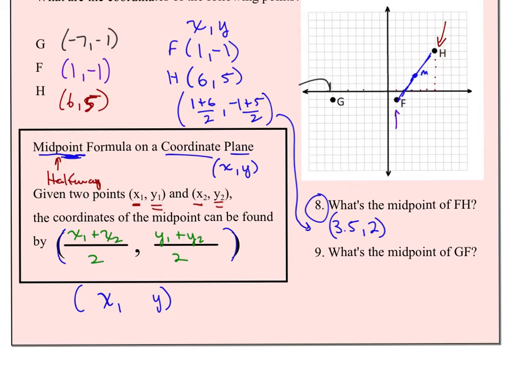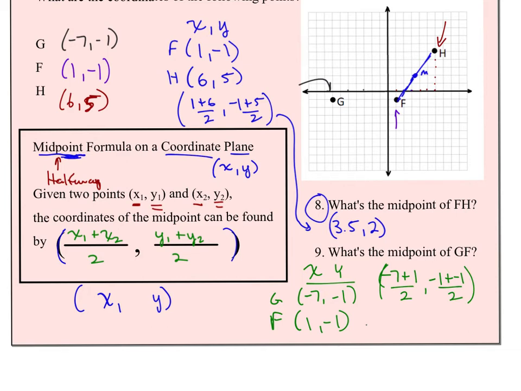For GF, let's look at X and Y. G is going to be -7, -1. F, apologies, is going to be 1, -1. So when I do this, it becomes -7 plus 1 for the x's, and then -1 plus -1 divided by 2.